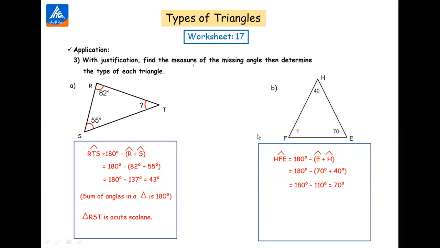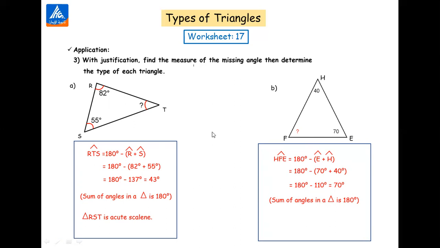And what helped me to get this calculation is that the sum of angles in a triangle is 180 degrees. So I have to write the reason down. Now, since this angle is 70 and this one is 70, what do you notice?